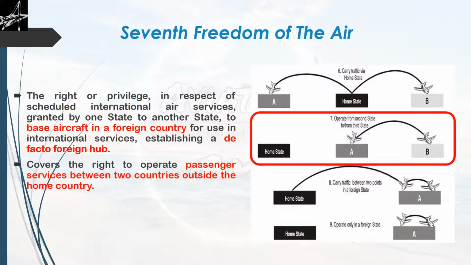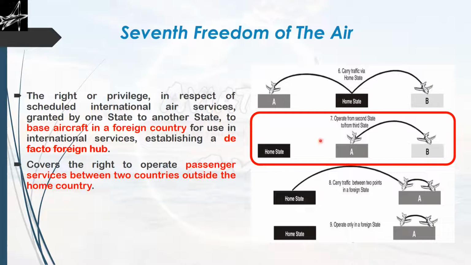The seventh freedom of air grants the right or privilege in respect of scheduled international air services to base aircraft in a foreign country for use in international air services, thus establishing a de facto foreign hub.